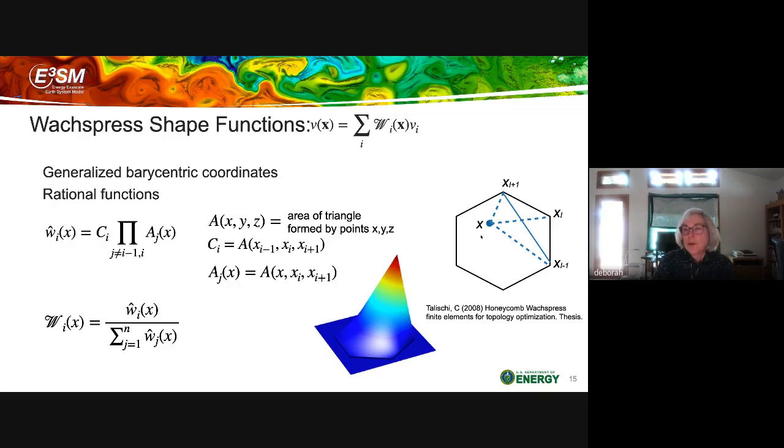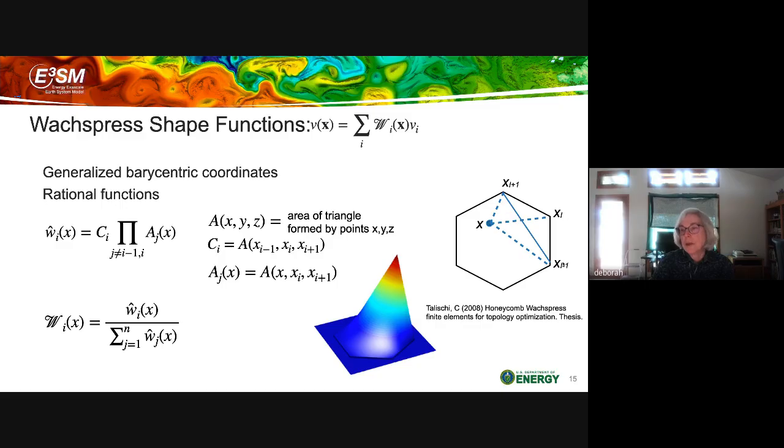And one way of computing them is using various areas. So the notation A(X, Y, Z) is the area of the triangle formed by these 3 points. And so there are these coefficients C sub i, which are areas formed by 3 consecutive vertices of the polygon.